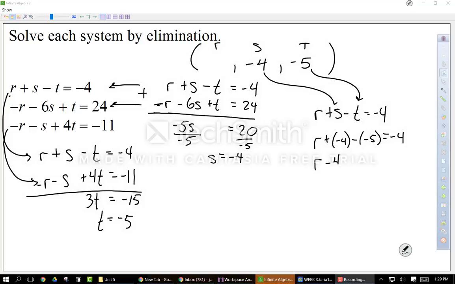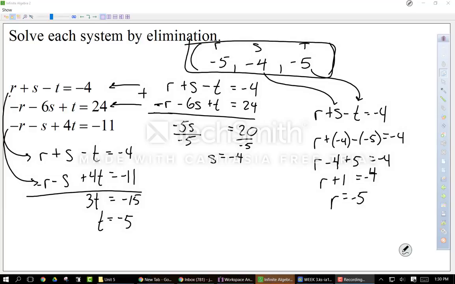R minus 4 plus 5 equals negative 4. R plus 1 equals negative 4. R equals negative 5. So those three numbers, negative 5, negative 4, negative 5, are the point on the three-dimensional axis where these three equations meet.